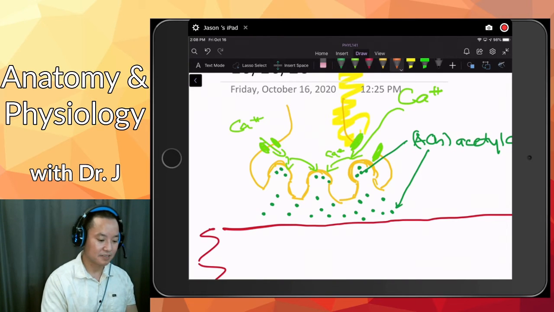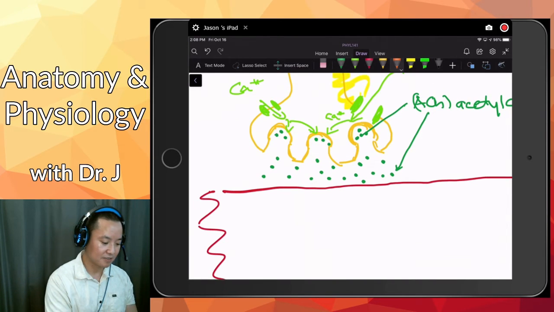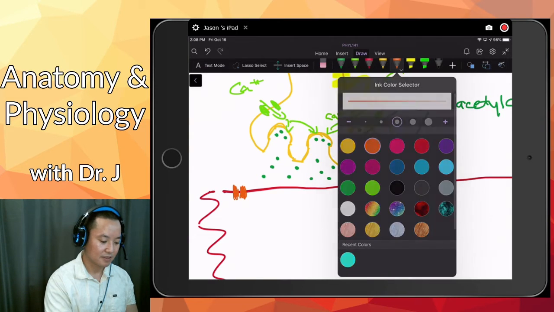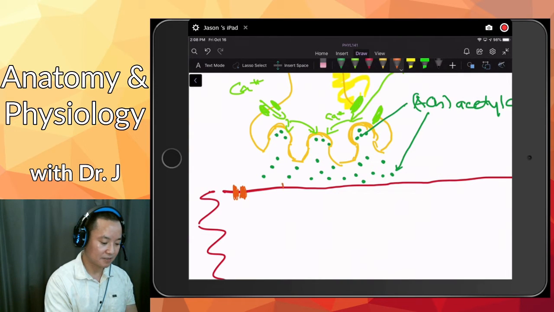Now, on the muscle cell, you have something called sodium ion channels. Thing is that when there's no acetylcholine, these channels are closed. But these channels are kind of like a locked gate, and acetylcholine is the key.